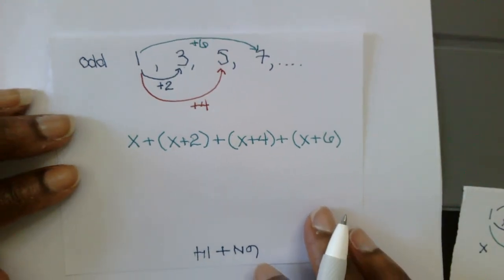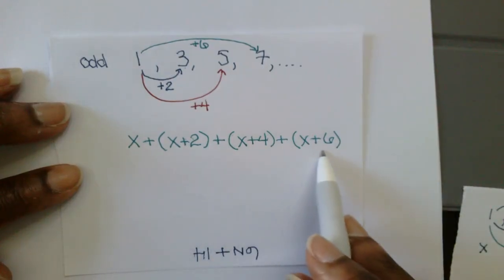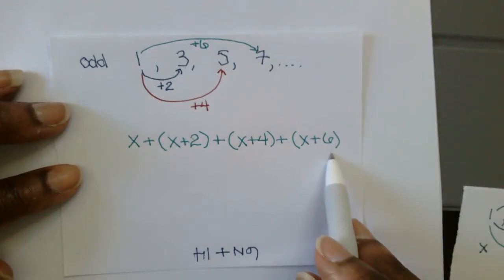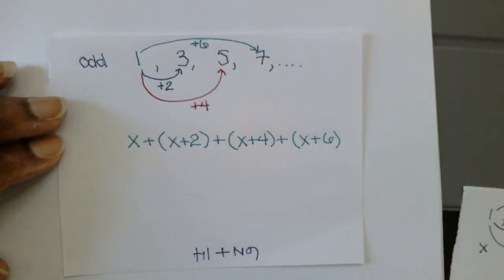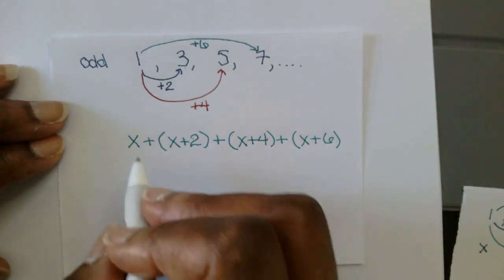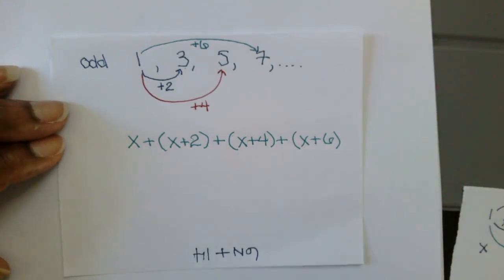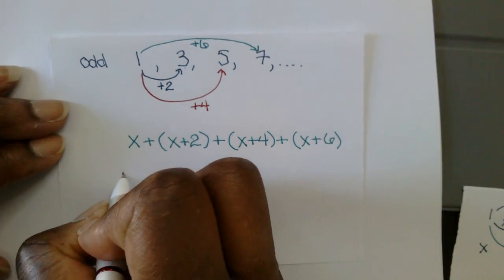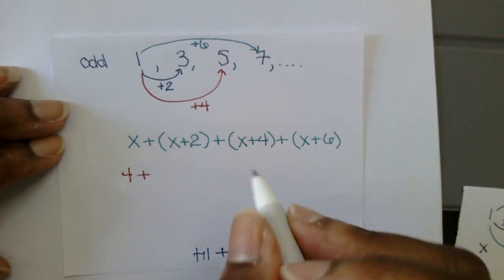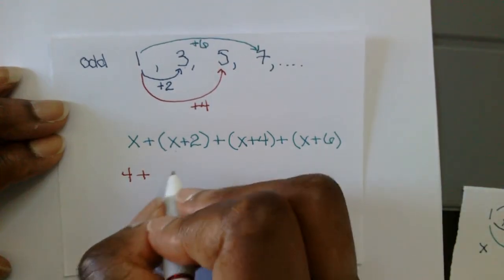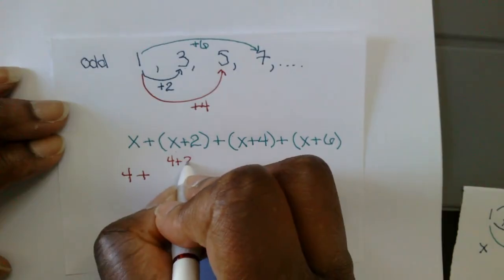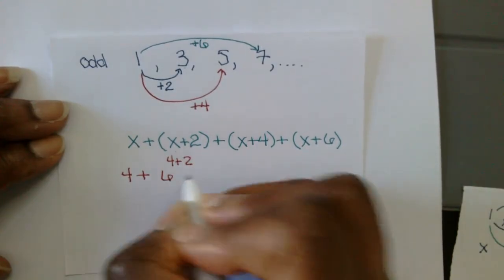All right. So this can be used for odds, but guess what? This also can be used for even numbers. For example, if I say my starting number is 4, and I plug that 4 in for x, 4 plus 2 gives me 6.